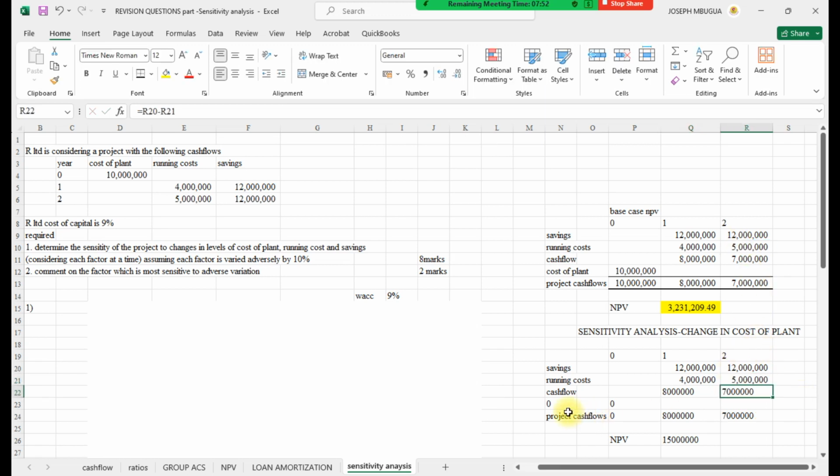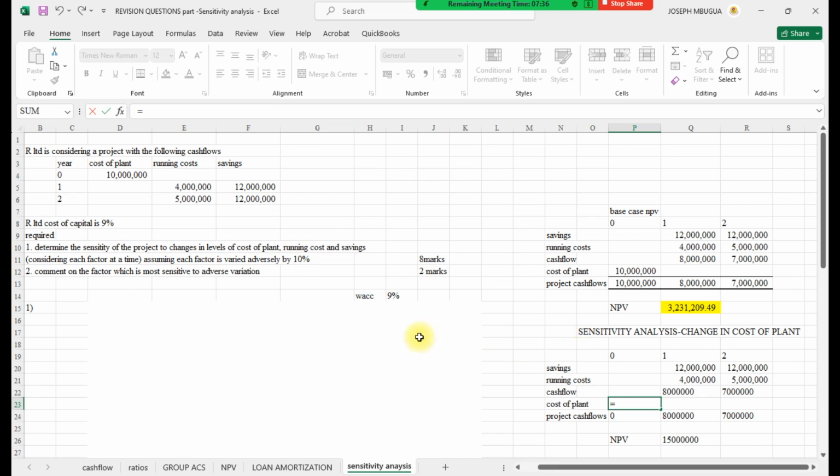So the cost of plant is the one that will change. Remember, initially we had 10. Now we are varying it adversely by 10%. It is a cost, so adversely it will increase by 110%.